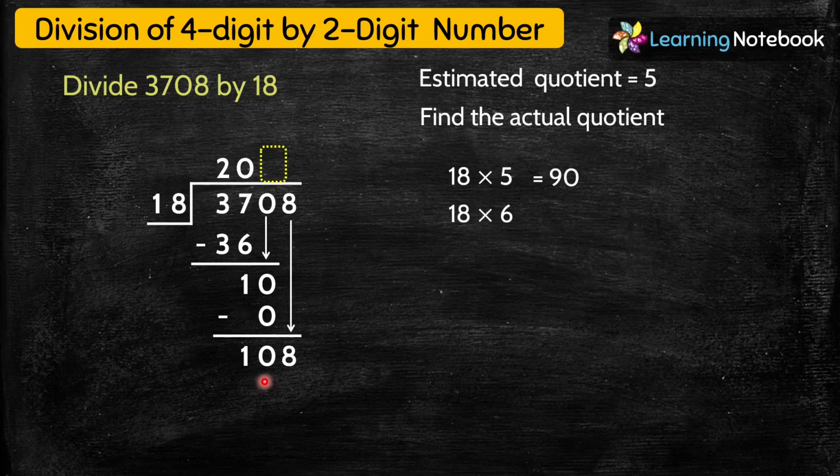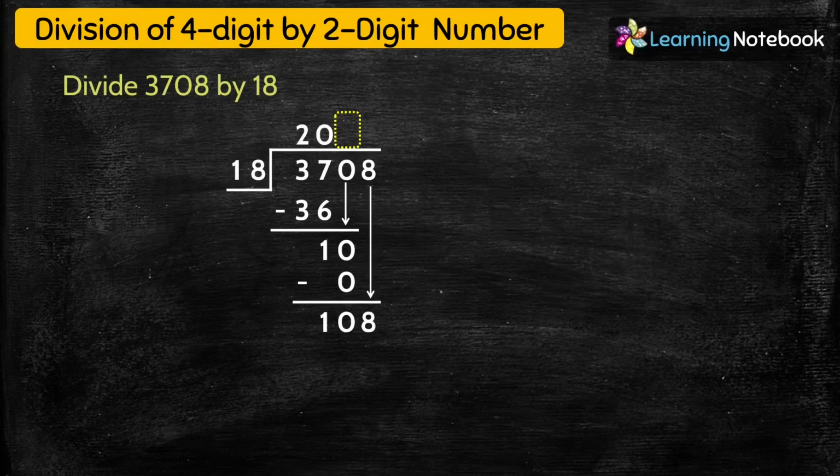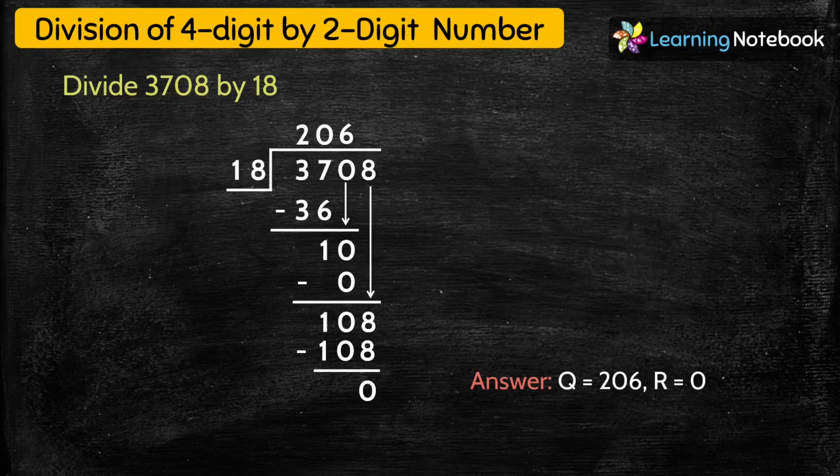So let's multiply by 6 this time. 18 multiplied by 6 equals 108, which is what we want. So 6 is the actual quotient here. 18 multiplied by 6 equals 108 and 108 minus 108 equals 0. So our division is complete now. We get the answer as quotient equals 206 and remainder equals 0.